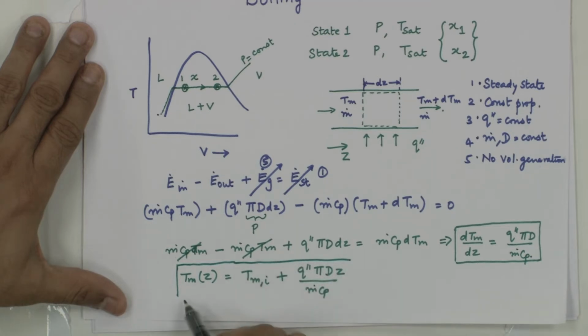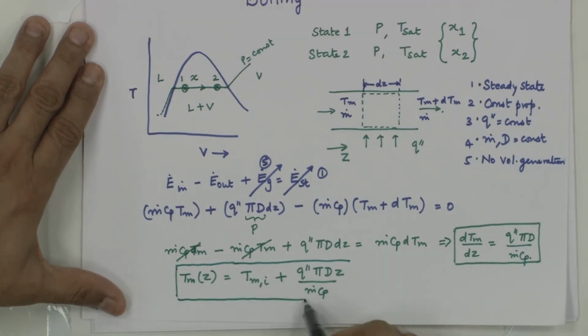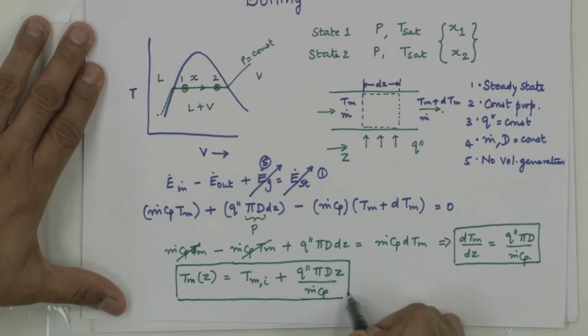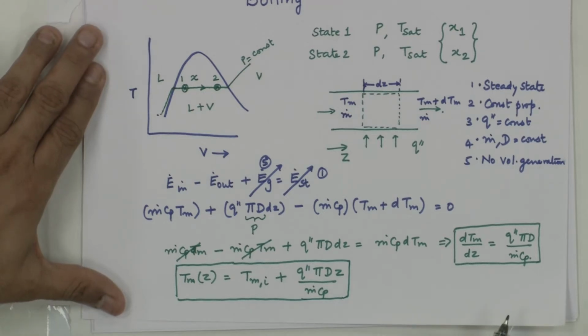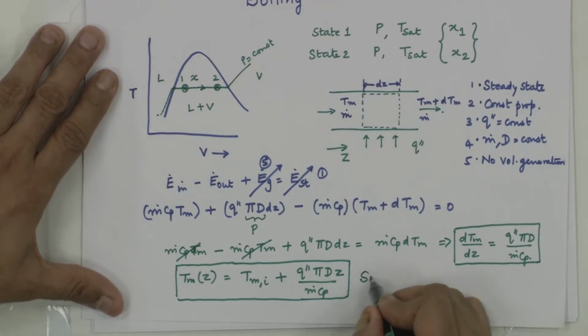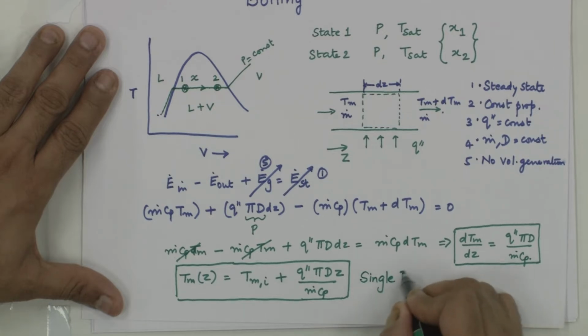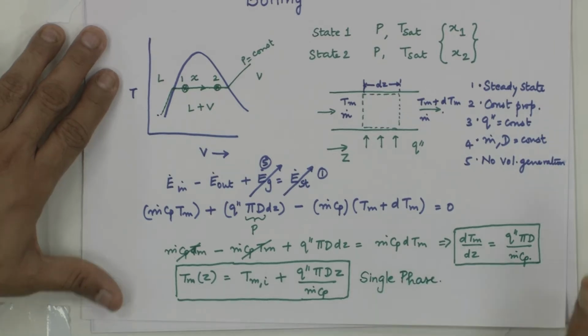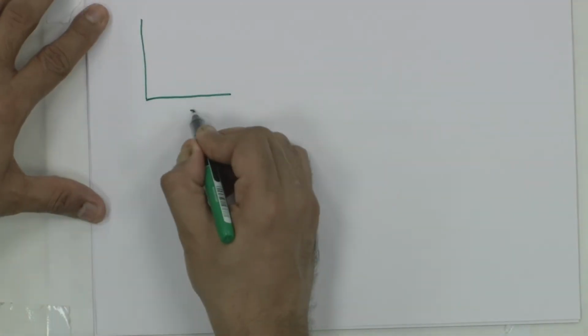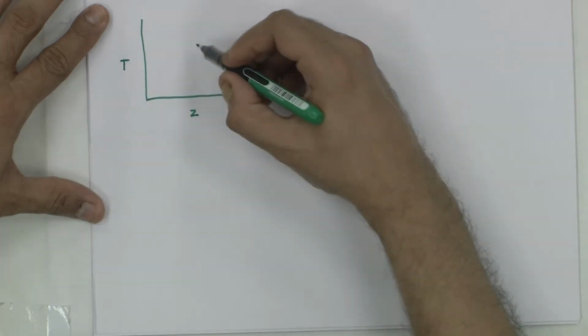This is already done in single phase heat transfer, where bulk mean temperature distribution was obtained in internal flows. This is for single phase, and if we plotted this, we would very nicely get T as a function of z.